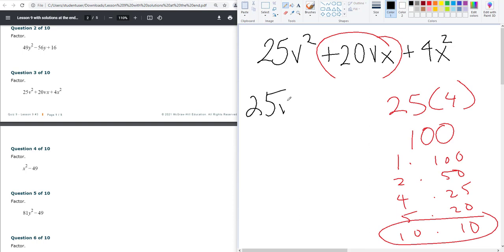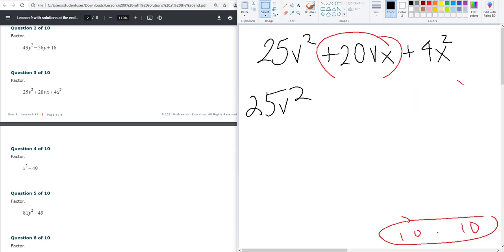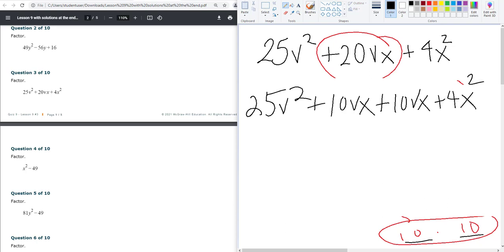25v squared plus 10vx, because I got 10 and 10 down here, plus 10vx plus 4x squared. I group the first two and the last two, and this sign is going to drop down.